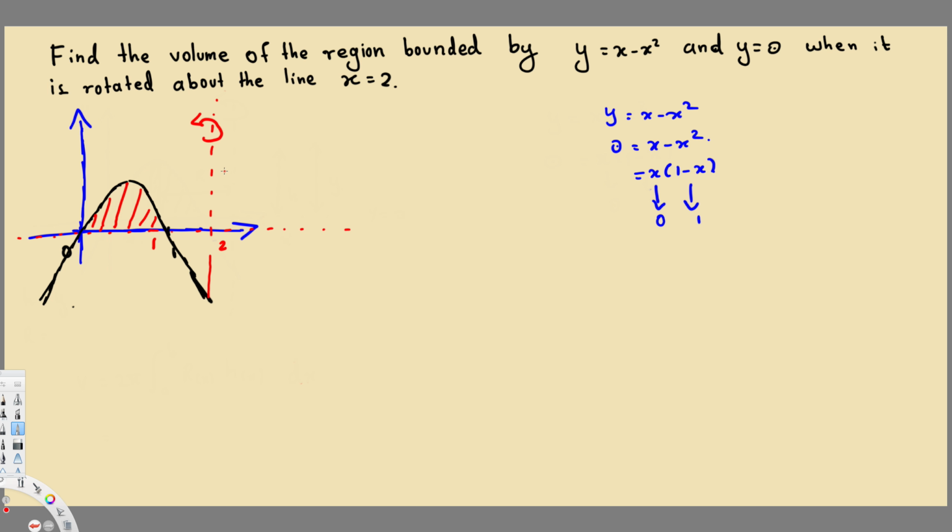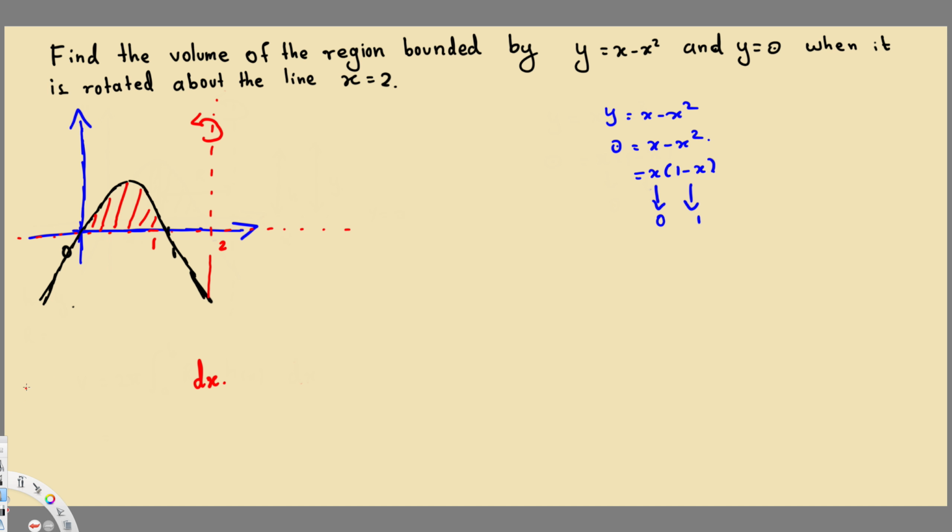If it's parallel to the x-axis, we write everything in terms of y. If it's the washer method, it's opposite: if it's parallel to the y-axis, we write everything in terms of y, and if it's parallel to the x-axis, in terms of x. Here, in the shell method, this is parallel to the y-axis, so we write everything in terms of x.